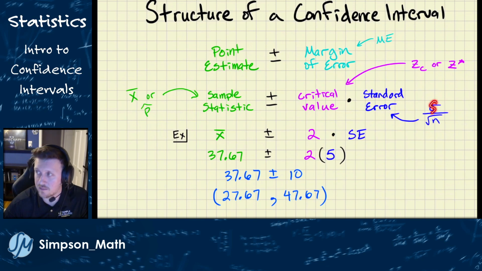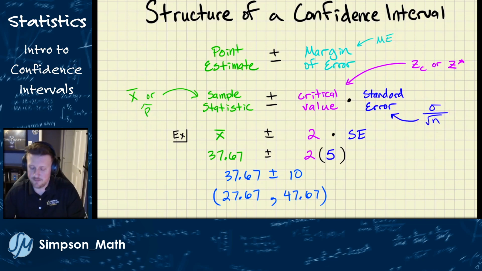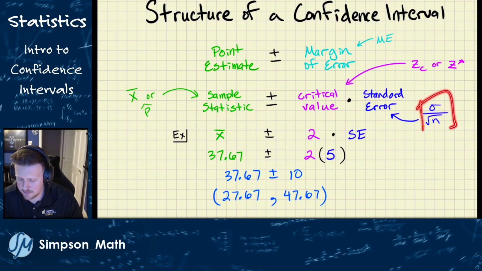Instead, we're going to be using S, or the formula for proportions uses p hats. So it's our best guess of the standard deviation of the sampling distribution, and that's what we're going to refer to as a standard error. But right now, from our last section, we saw sigma over square root of n.